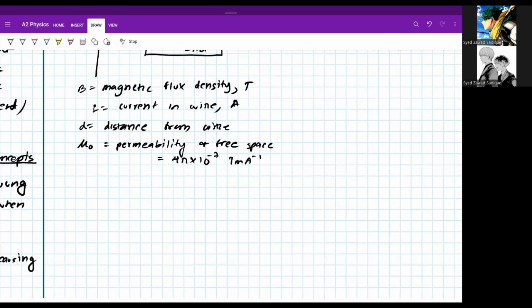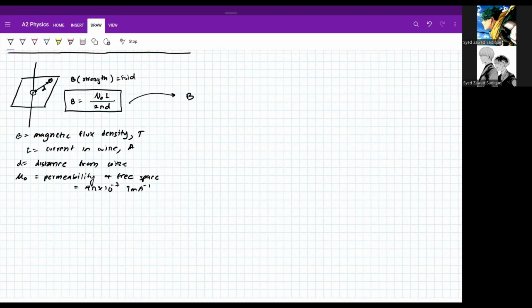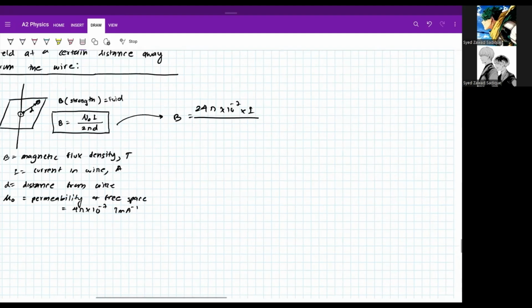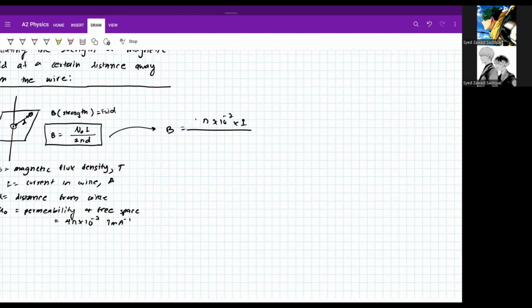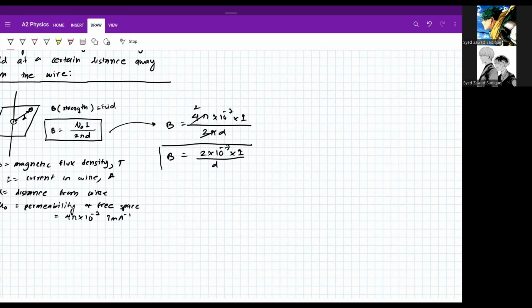Now, this has a simplified version, which is B equals 4 pi times 10 to the power minus 7 times I divided by 2 pi d, so the pi is crossed out, which is overall B equals 2 times 10 to the power minus 7 times I divided by d. It's a simplified version of this formula.